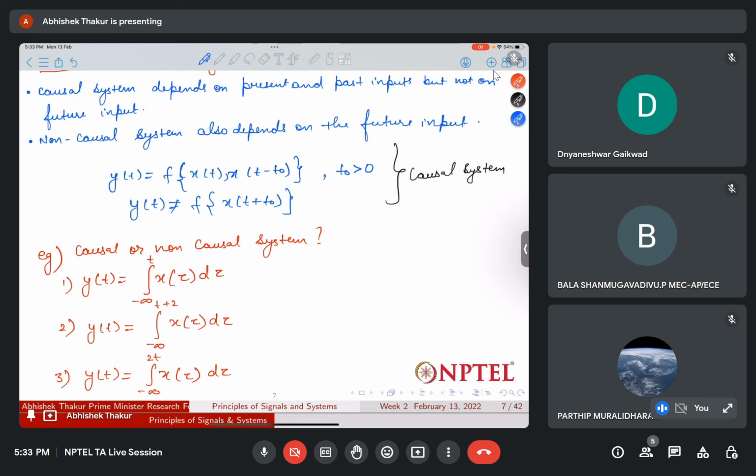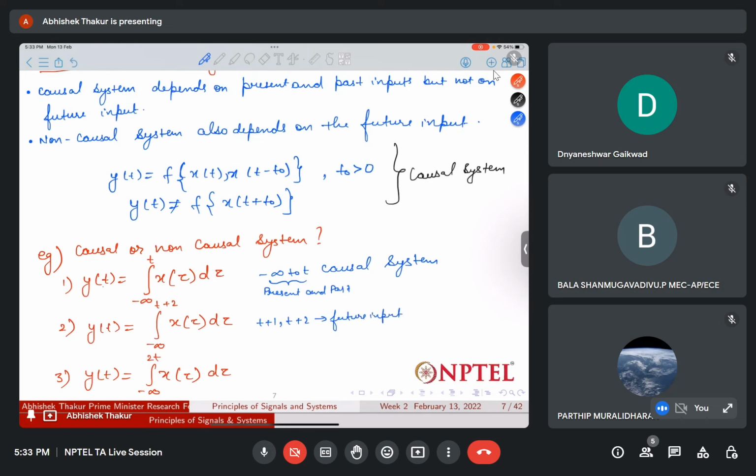In the first, you can see output y(t) depends on minus infinity to t, so this is present and past. So this is a causal system. Now in the second example, you see t plus 1, t plus 2, these are future inputs.